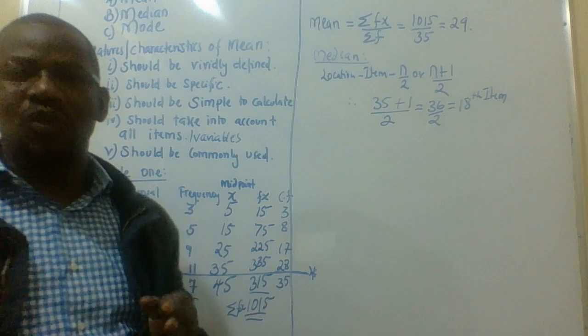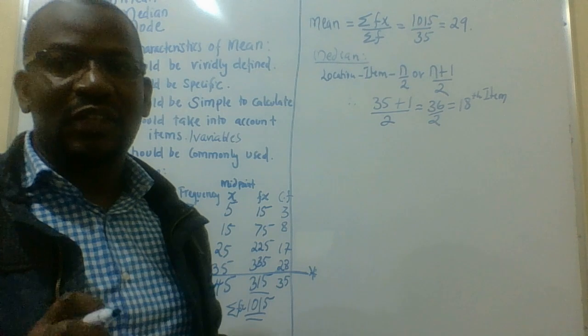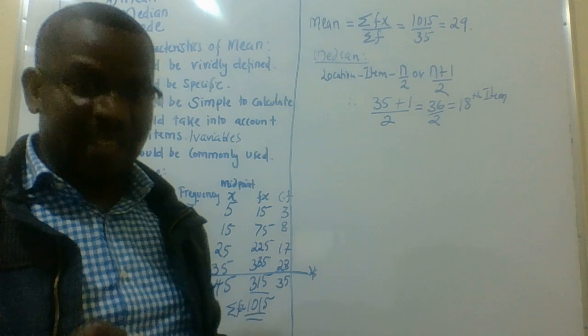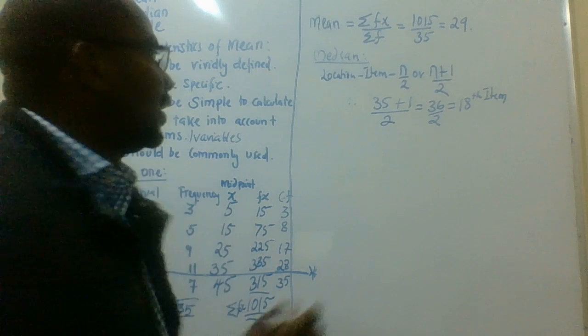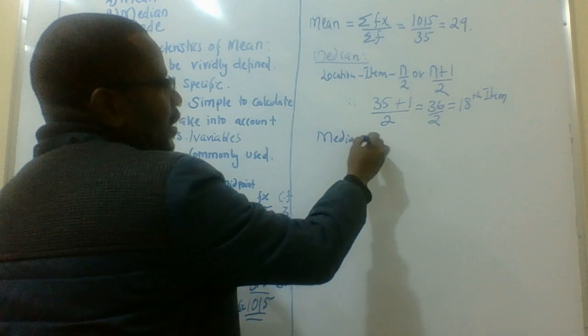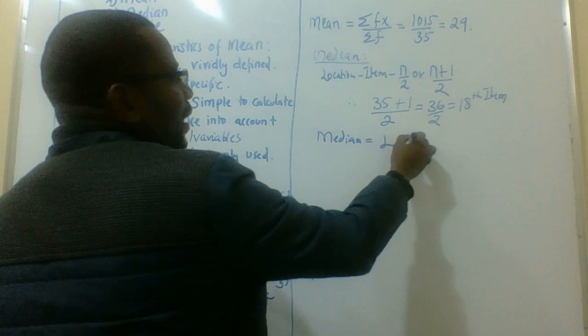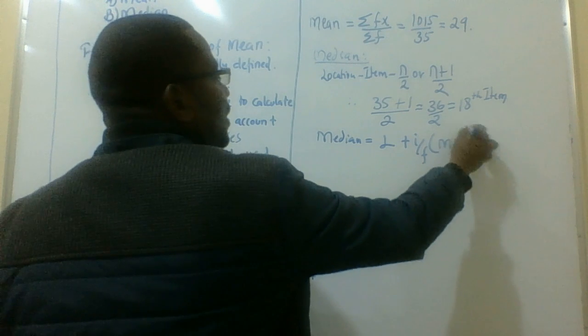So we need to calculate the median. We employ this formula: median is equal to L plus i over f into bracket n minus c.